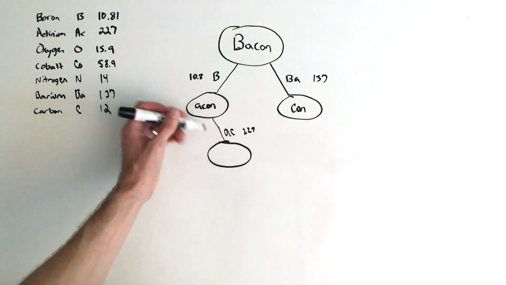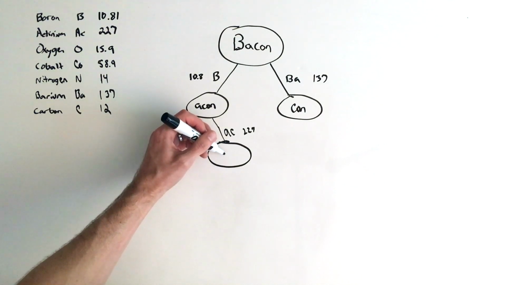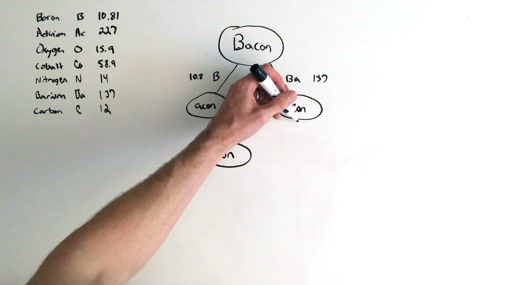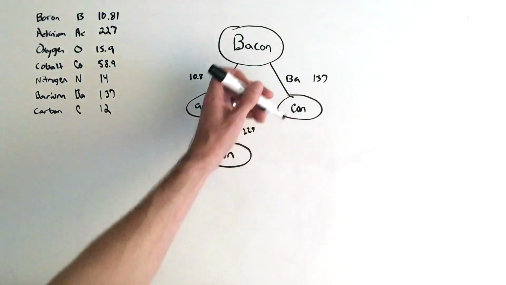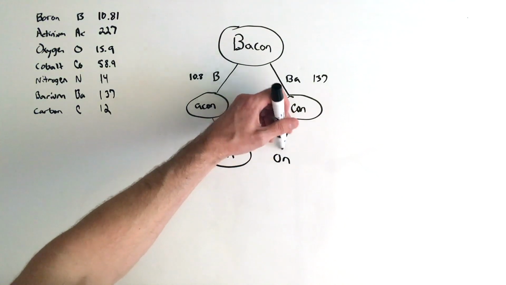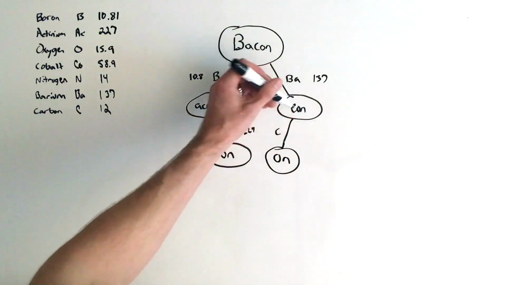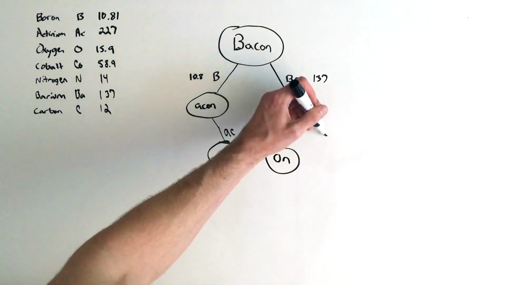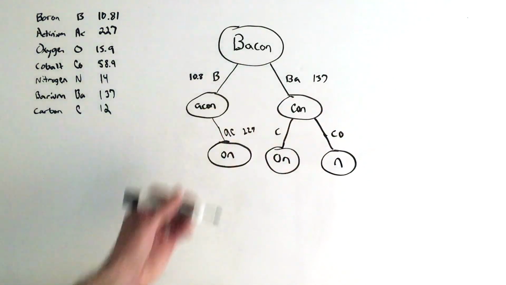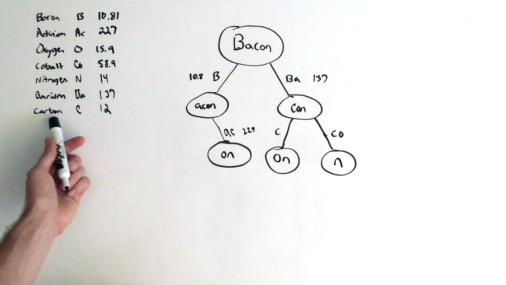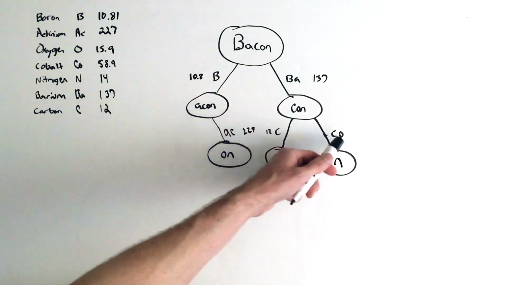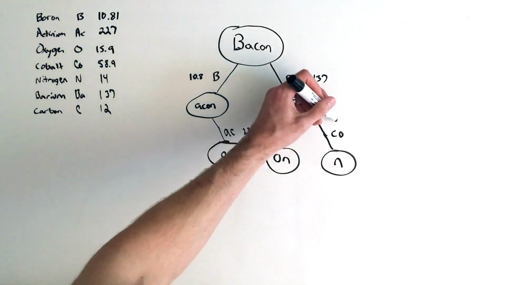And then I'll pop off those 2, so we're left with O and N. Over here, we can take 1 character, which is carbon, so I'll say C, and we're left with ON. Or we can take CO for cobalt, and we're only left with the N for the nitrogen. Carbon's atomic weight is 12, and cobalt's 158.9.